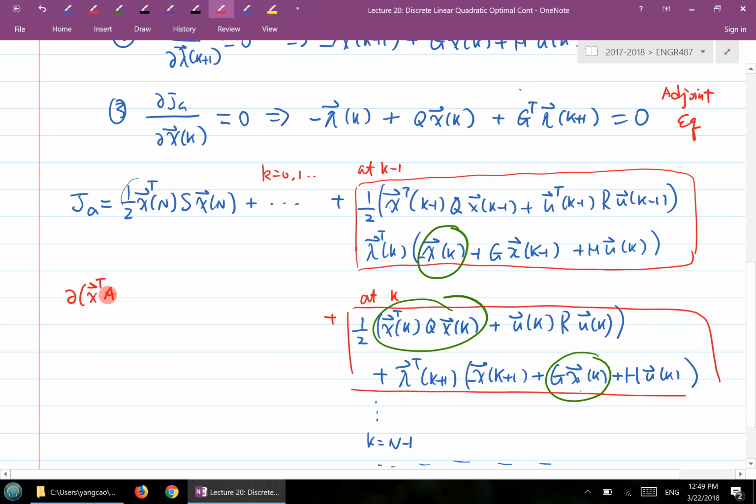When you have a quadratic form like this and you take the partial derivative with respect to x, if A is a symmetric matrix, then the partial derivative ends up being 2A times x. So A has to be symmetric in order for this to be true. If it's not symmetric, you get basically A x plus A transpose x, that kind of thing.